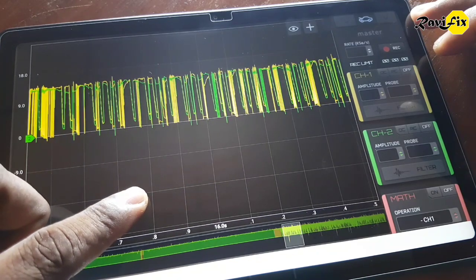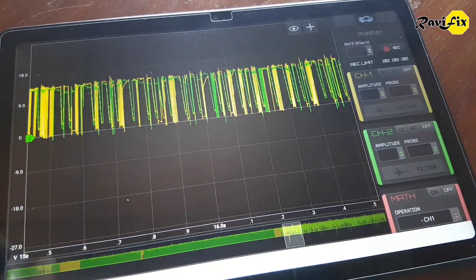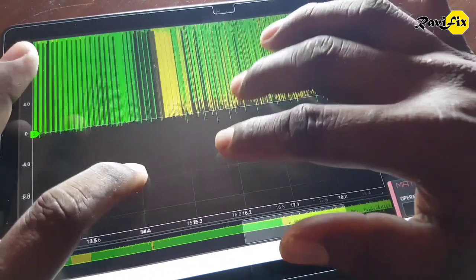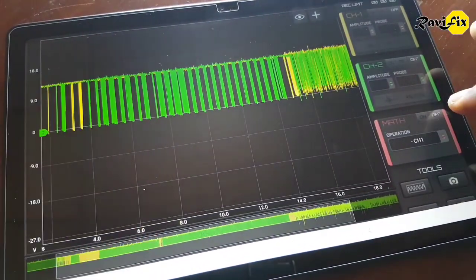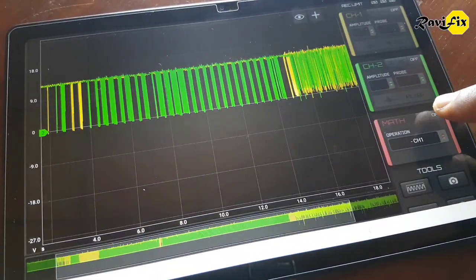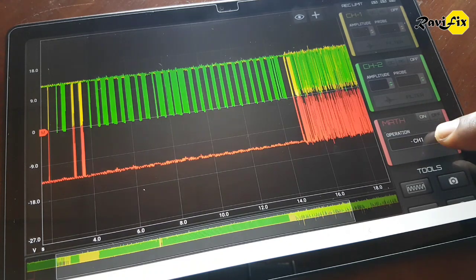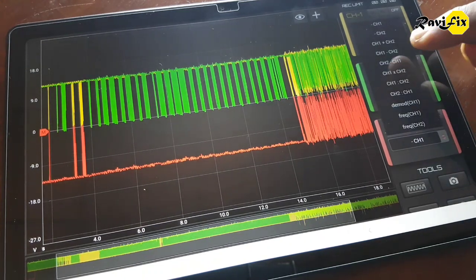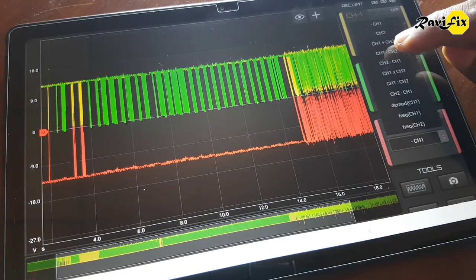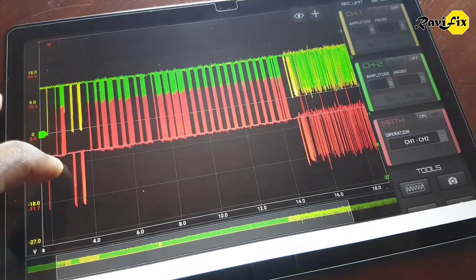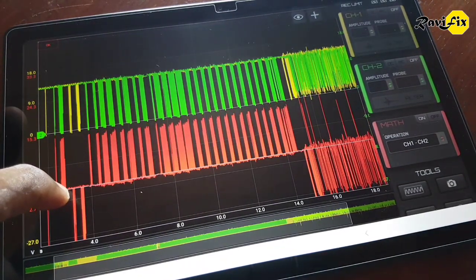To analyze the throttle motor control signal waveform, the best way is to put in a math channel. So we can put a math channel on this waveform as channel 1 minus channel 2. Here you can see the red trace for the math channel.